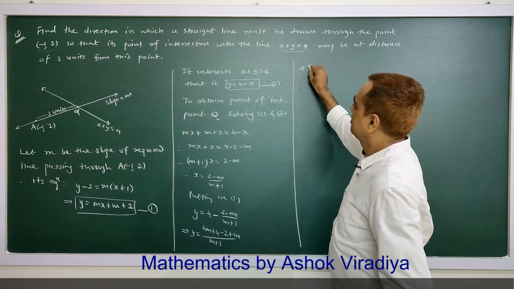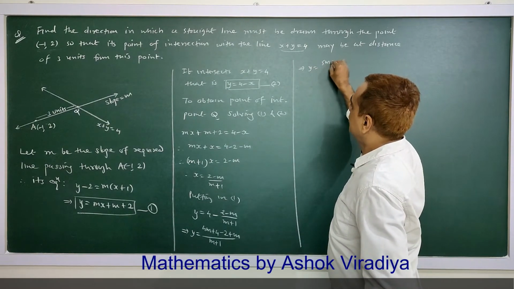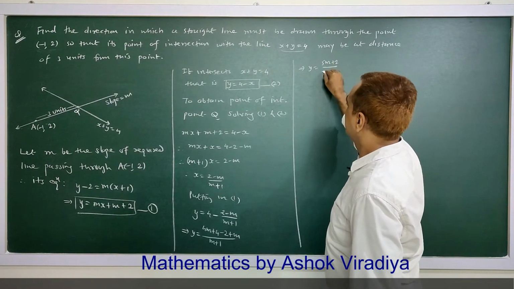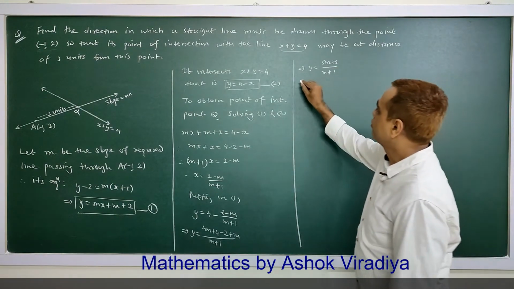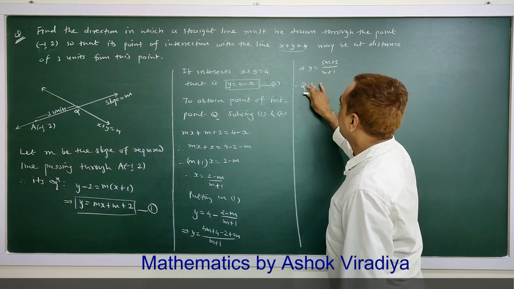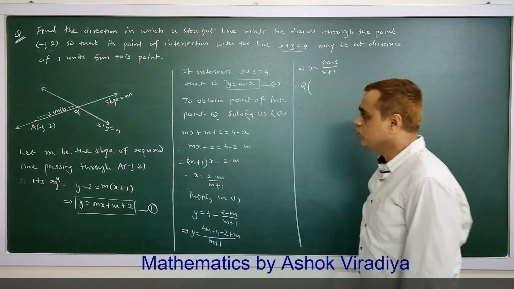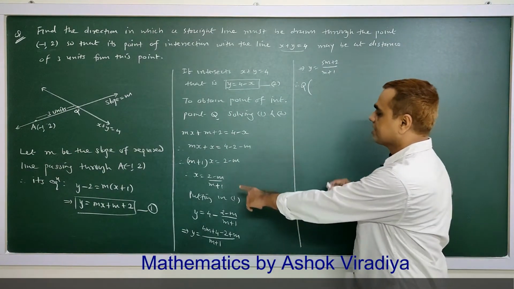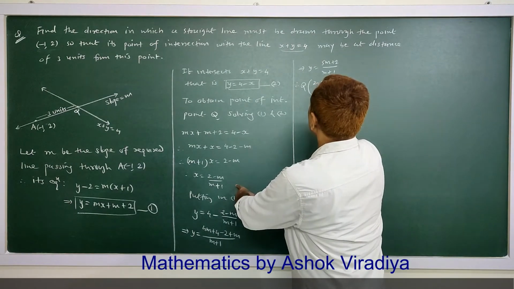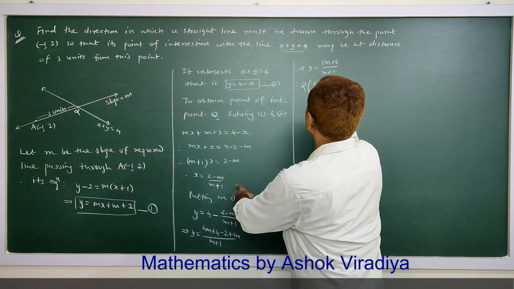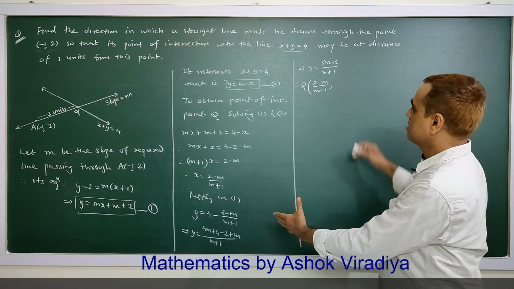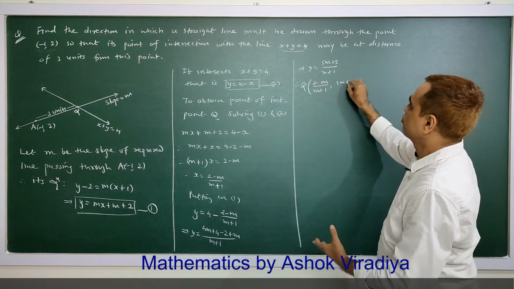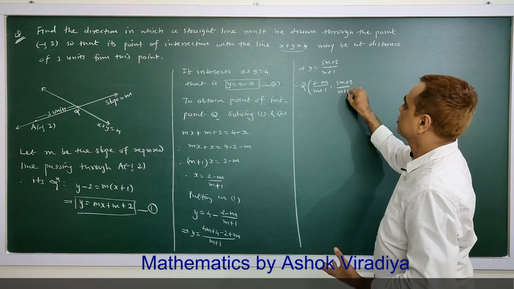Therefore y is (5m plus 2) upon (m plus 1). So we have the point of intersection Q: its x coordinate is (2 minus m) upon (m plus 1) and its y coordinate is (5m plus 2) upon (m plus 1).